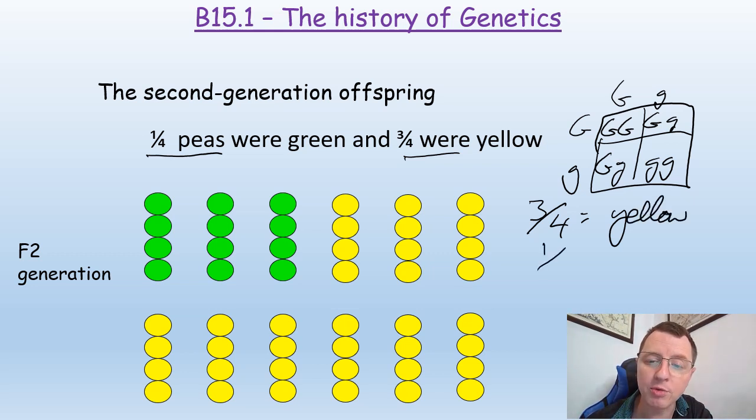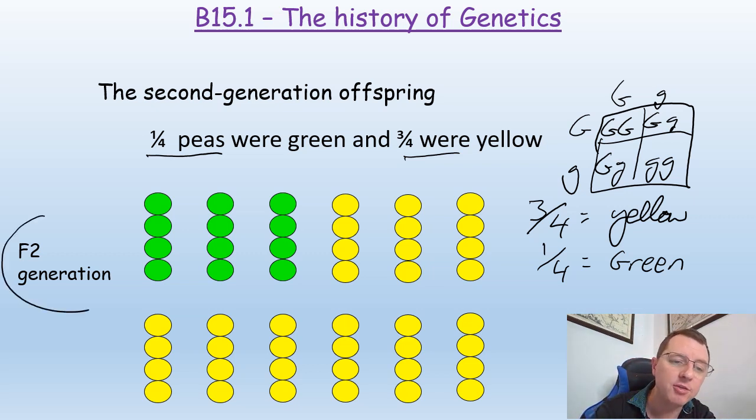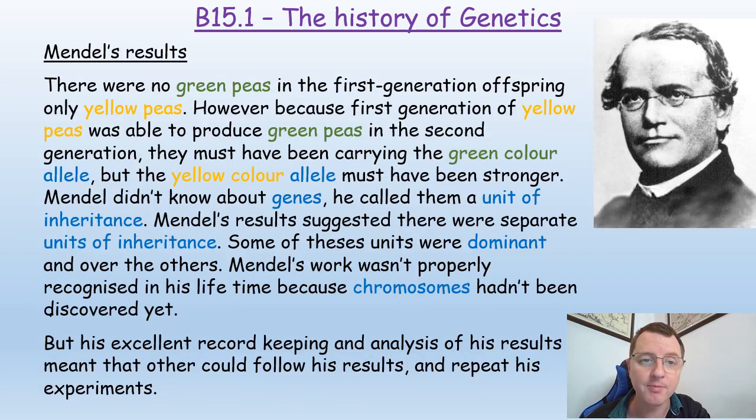However, 1 out of the 4 squares does not have the dominant allele, only 2 recessive alleles, and are therefore green. So we would expect out of all the offspring, and Mendel counted every single offspring and took careful note of the phenotypes that he saw, a quarter of those offspring in this second F2 generation to be green, and indeed that is what Mendel had noticed.